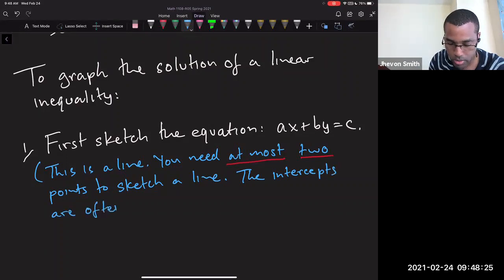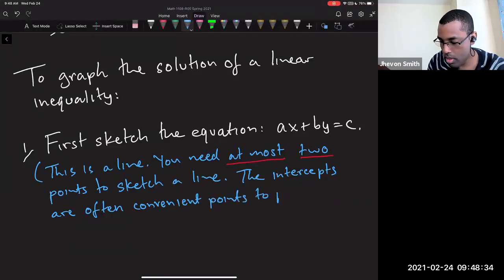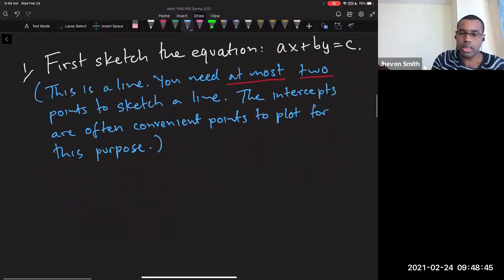Not always, but very often. Okay, so that's the first thing. First, just sketch the line.